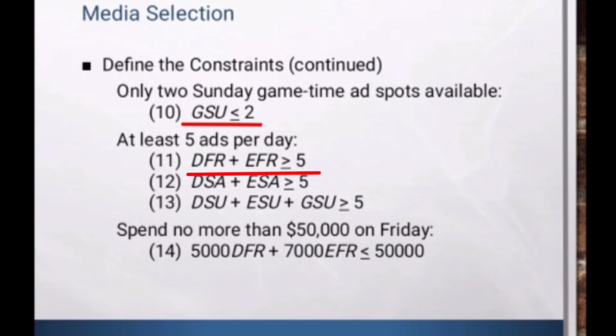So greater than or equal to because it is at least 5 ads. And then DSA as daytime ads on Saturday plus ESA as evening ads on Saturday is greater than or equal to 5. The same for Sunday. So DSU as daytime ads on Sunday, ESU as evening ads on Sunday, plus GSU as game time ads on Sunday is greater than or equal to 5.